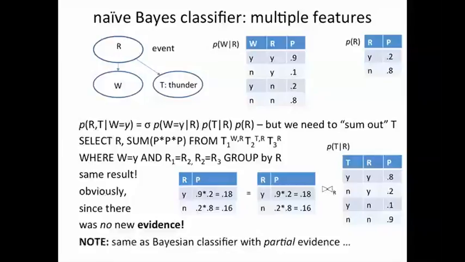So this is actually the same as a Bayesian classifier with two features, but only partially observed, that only one of them is being observed. So you could have millions of features and only observe one or two, and you'll still get the same result just by putting them in your classifier. The summing out process makes sure that this process always works and you don't get any wrong results.